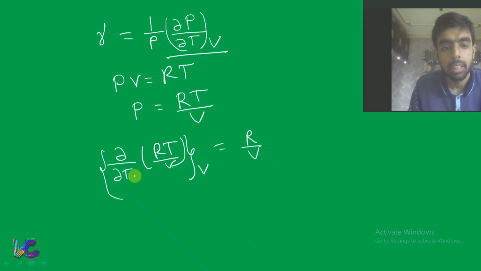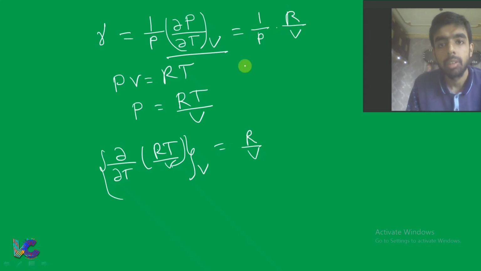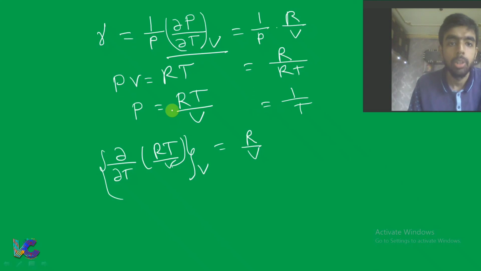Del T of T is 1, so this is R by V. So gamma becomes 1 by P into R by V, so R by PV. Now PV equal to RT, so R by RT. That means gamma becomes 1 by T for the ideal gas PV equal to RT.